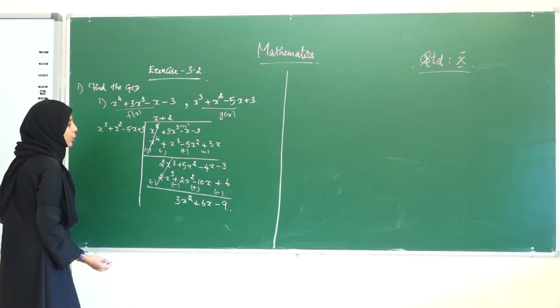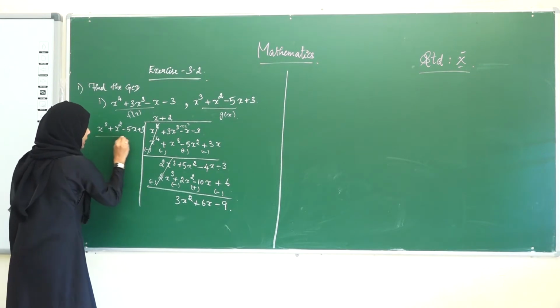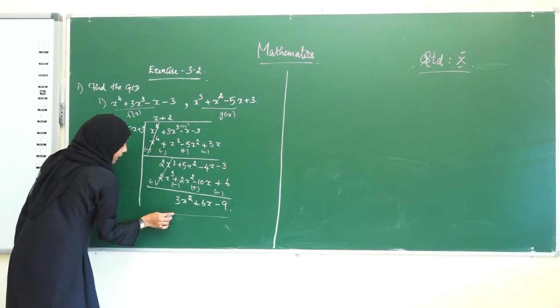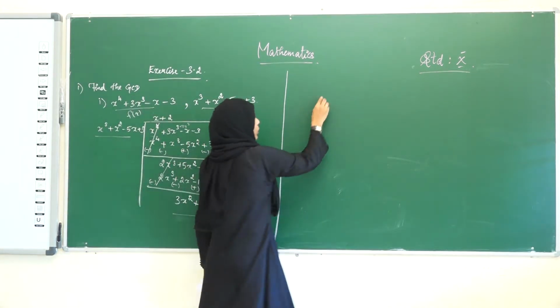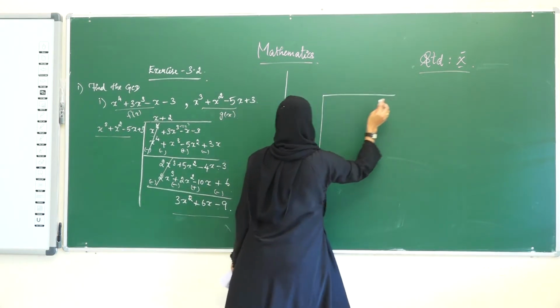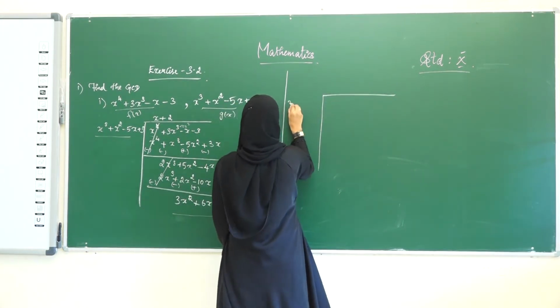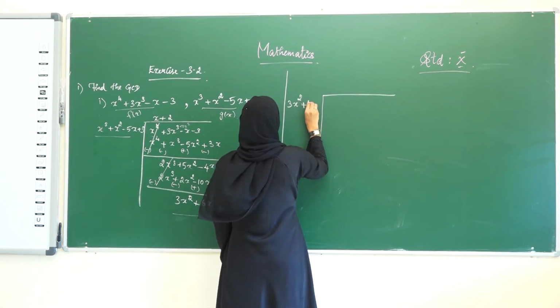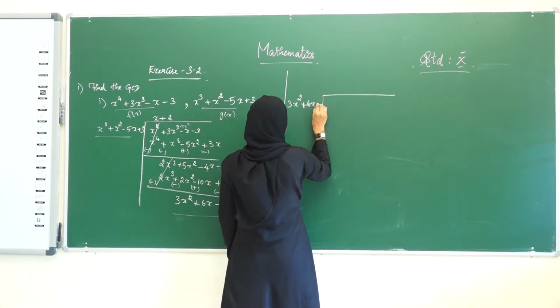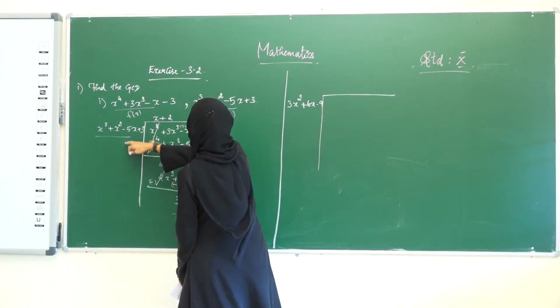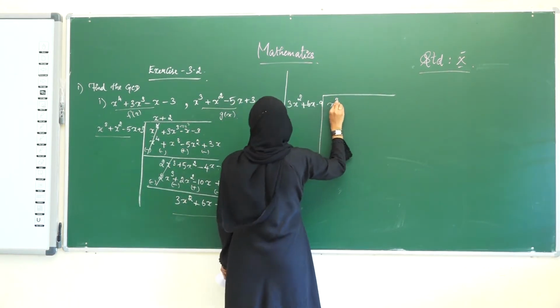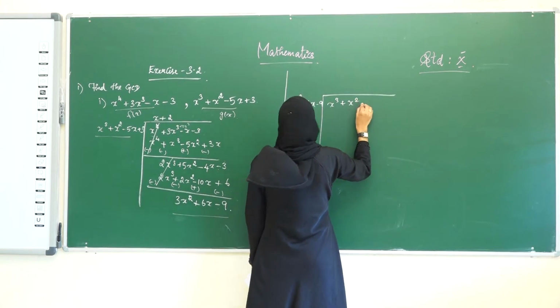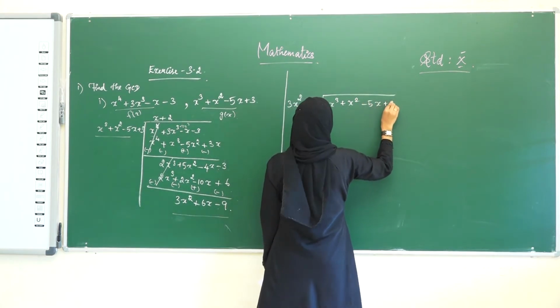So we are going to take this as f of x and this as g of x, and continue the long division by this method. We take 3x square plus 6x minus 9, and inside goes x cube plus x square minus 5x plus 3.